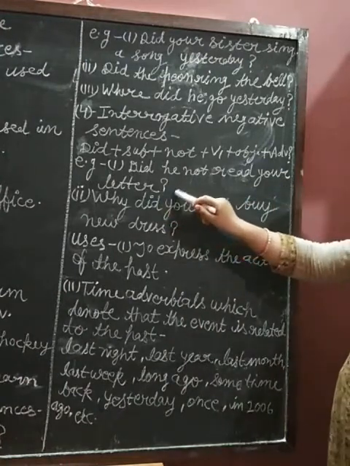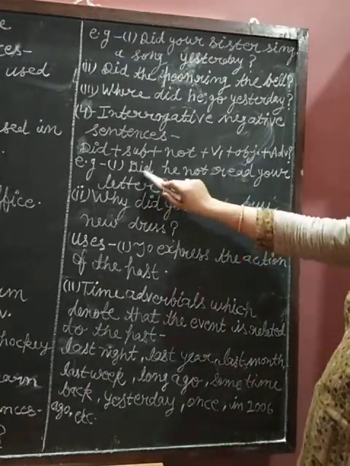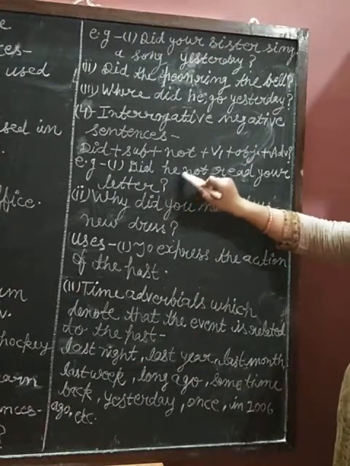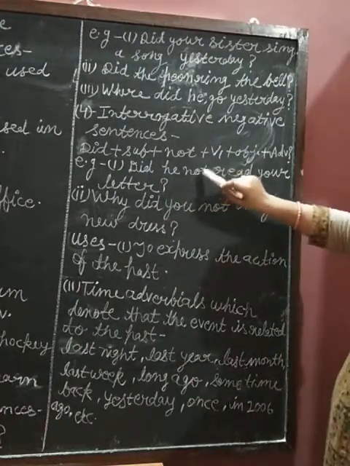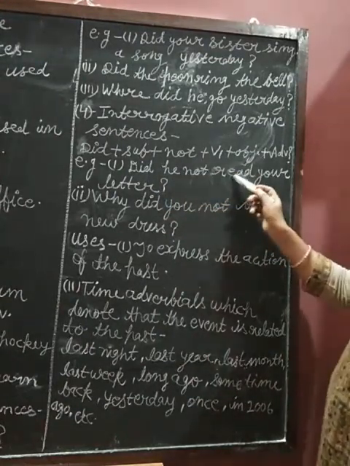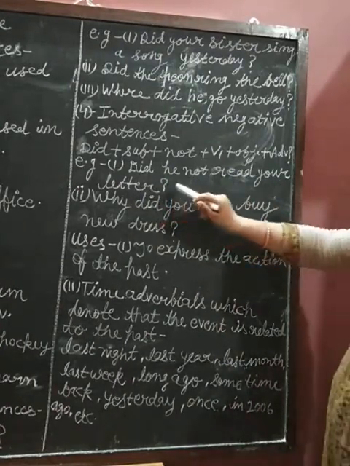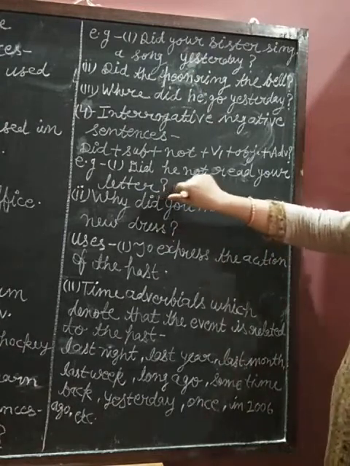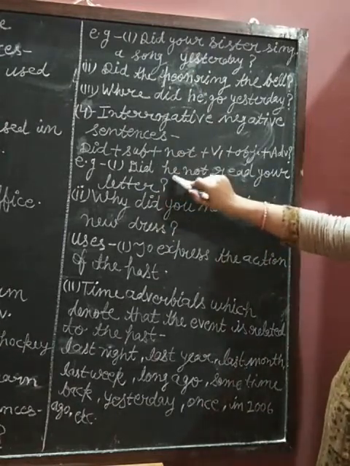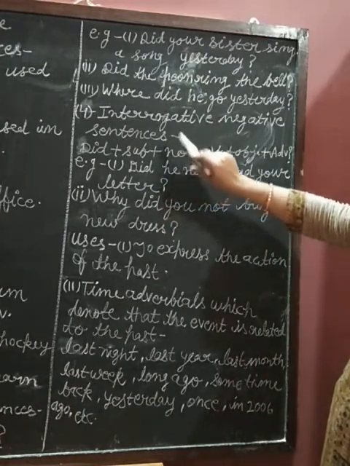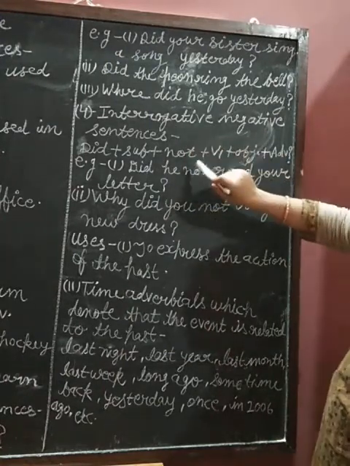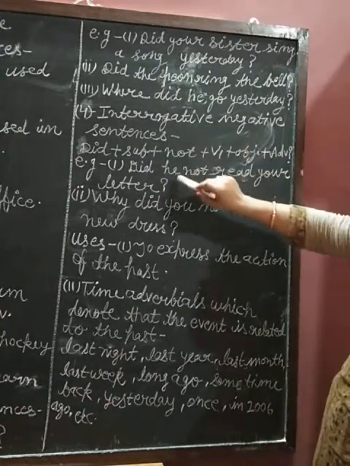At last, the interrogative sign. Did is a helping verb. He is a subject. Not is used for negative sense. Read is the verb's first form. Your letter is an object. Students, in interrogative negative sentences we use not after the subject.